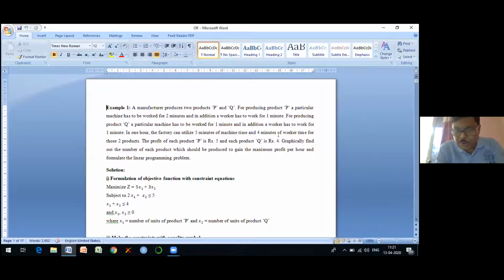So if you produce product P, then per unit of product P, you can earn a profit of ₹5. And in case of product Q, the profit is ₹4. This is our problem.